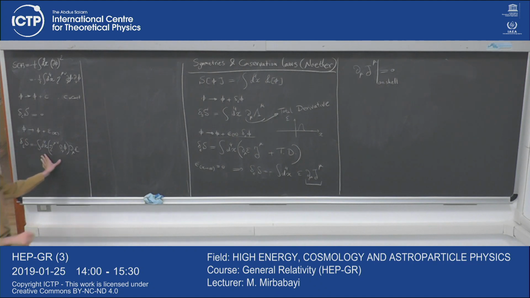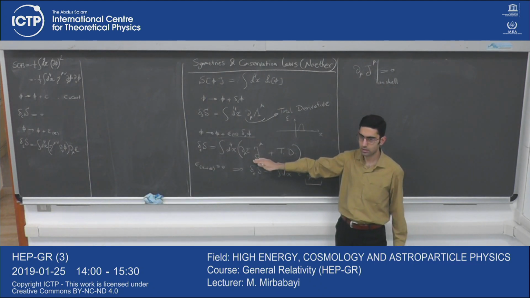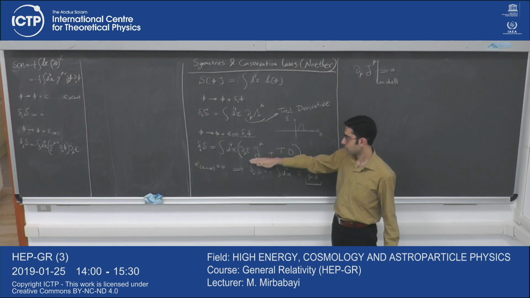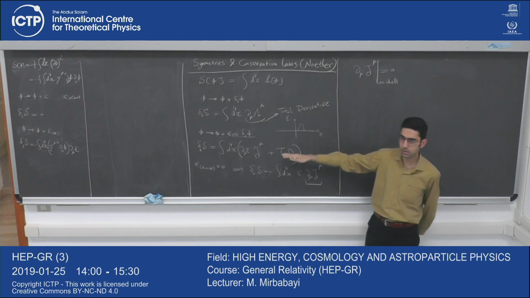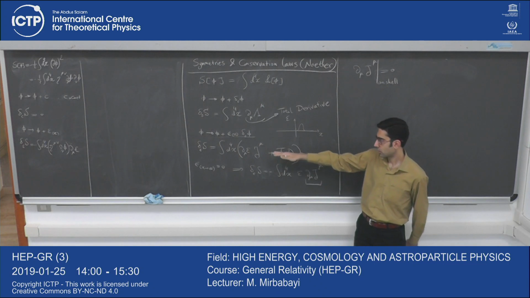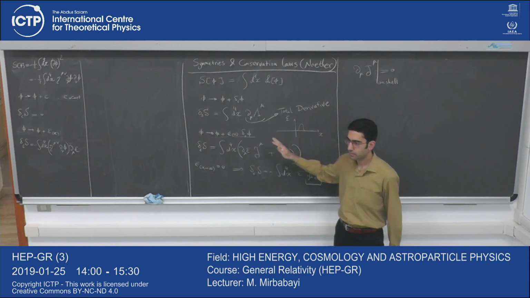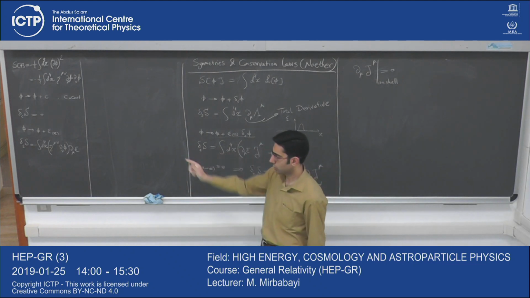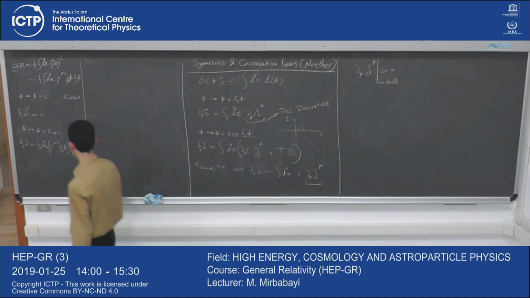Now we can compare this equation with that equation. And as we see, it has exactly the structure that we expected: it's going to be proportional to derivatives of epsilon.